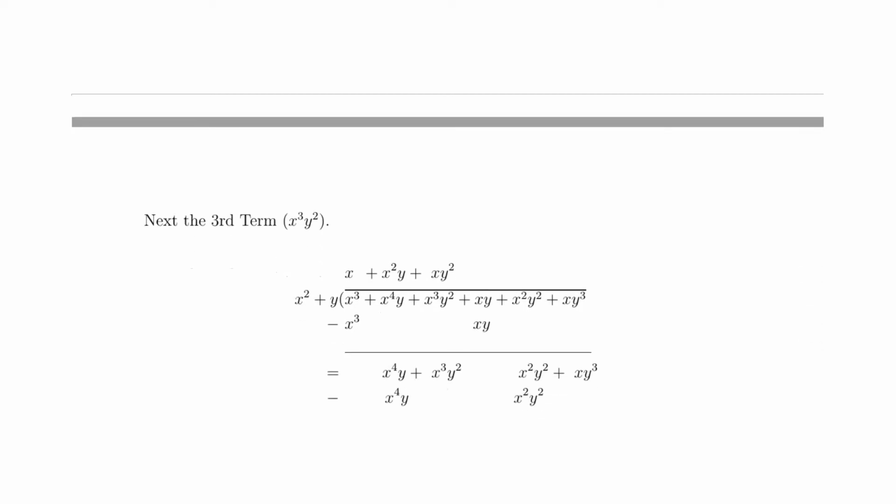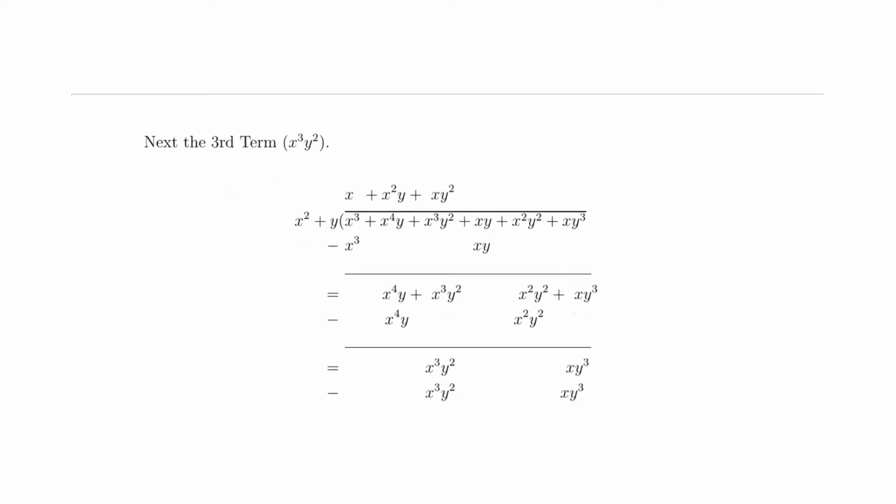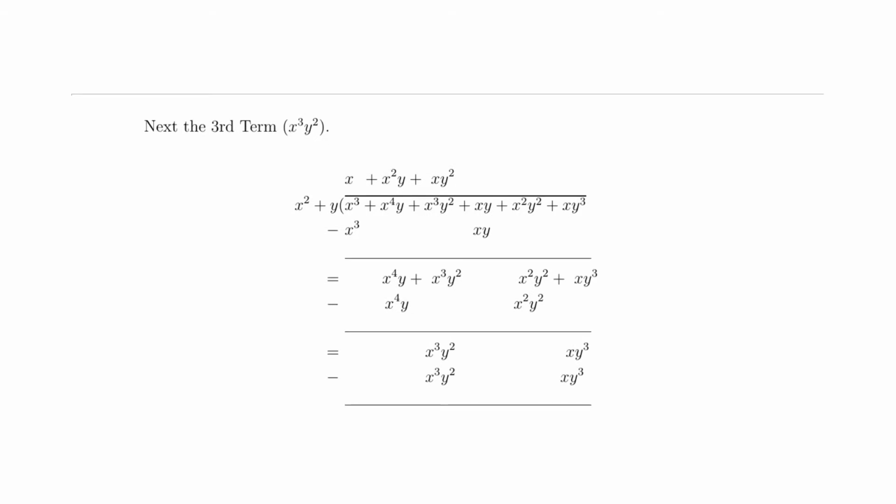And here we go. So this one gets a bit longer now, so you can see as you keep going on and on, it creates quite a long calculation here. So xy squared multiplied by x squared gives us x cubed y squared, and there it is.